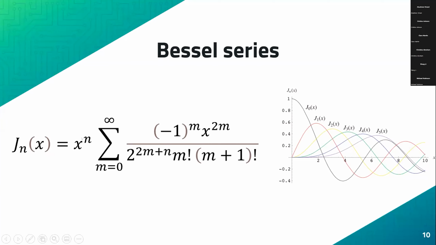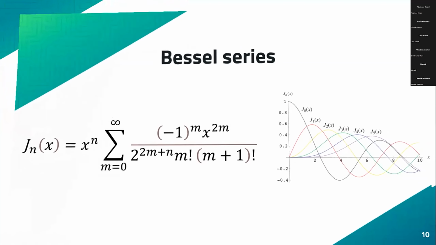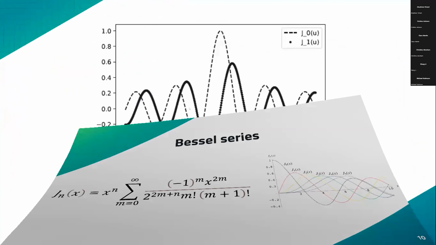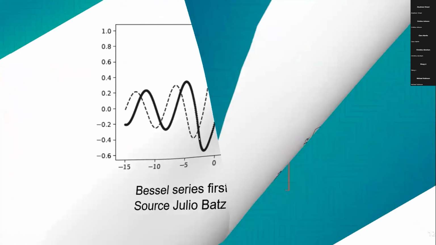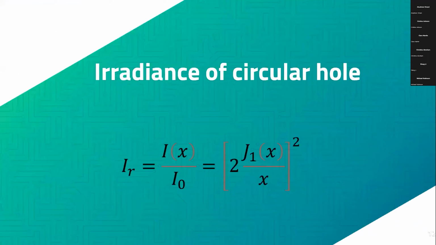And if we fix the order n, we can have the Bessel series of first kind, zero order, first order, second order, to n order. Then this is the graph of a Bessel series, and the irradiance of a circular hole like I showed is written in terms of the first kind Bessel series.